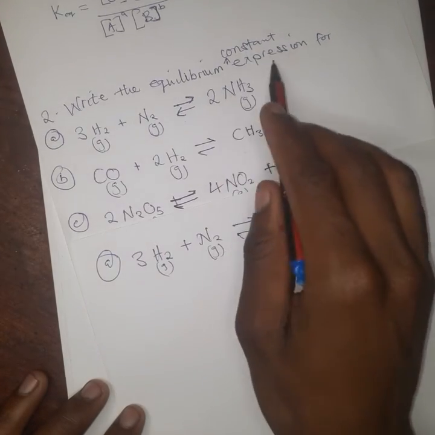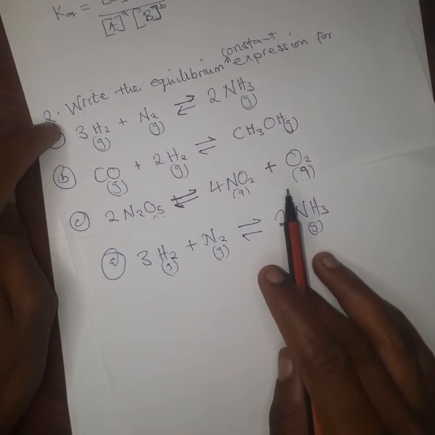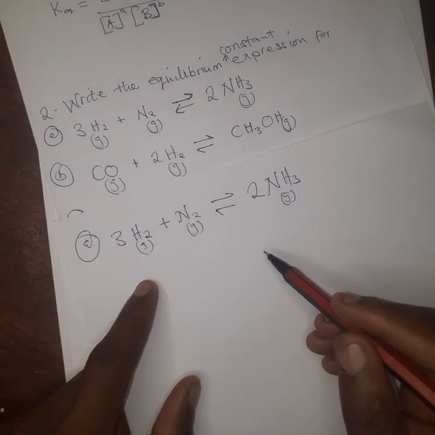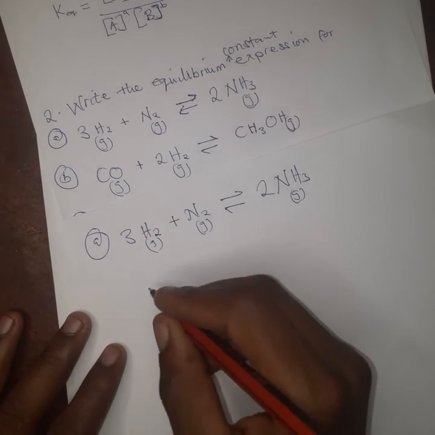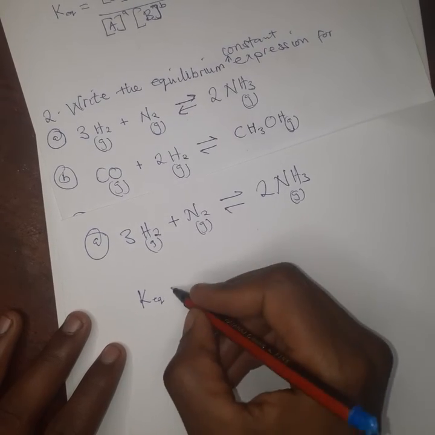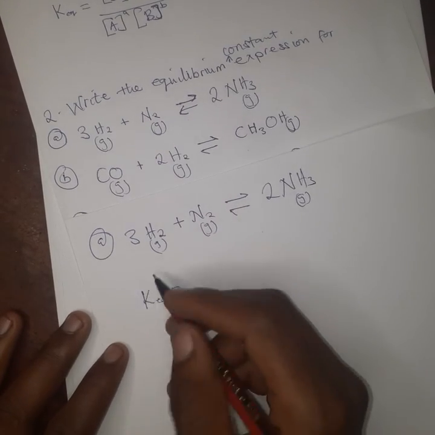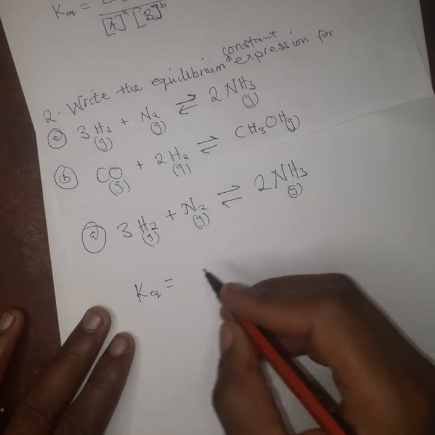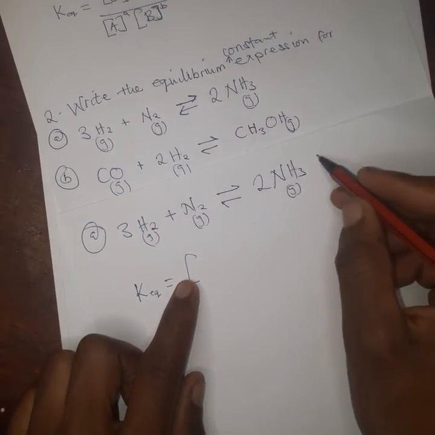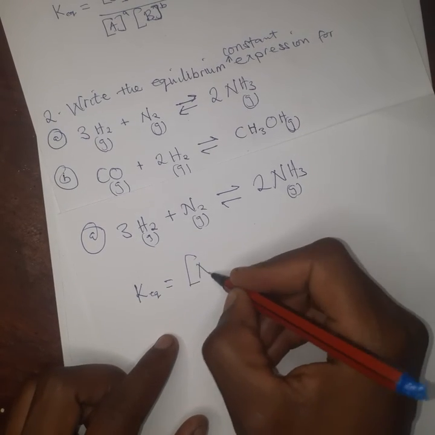Write the equilibrium constant expression for reaction A. So we are going to find the equilibrium constant in terms of the products and the reactants. So we do the same thing. The equilibrium constant is equal to, if you want, you can just use the letter K, it's okay. Equilibrium constant is equal to, you open the square bracket, the product, you only have one product here, which is ammonia.